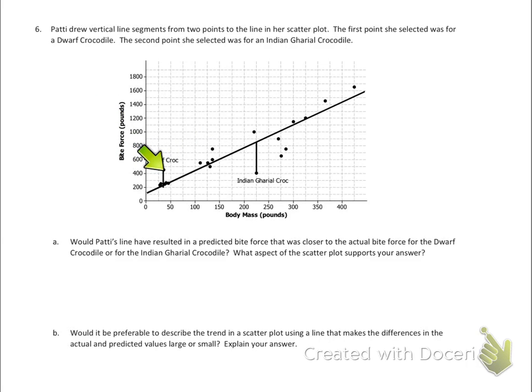Here was the actual measured bite force, and here's what her line would have predicted. And over here, here's the actual bite force, and up here would be the value her line would have predicted. Would Patty's line have resulted in a predicted bite force that was closer to the actual bite force for the dwarf crocodile or for the Indian crocodile? What aspect of the scatter plot supports your answer?